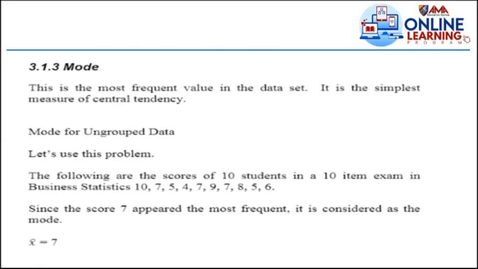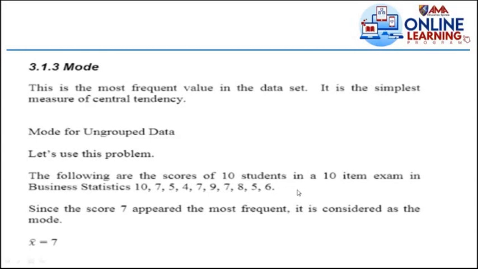So the mode for ungrouped data. Let's use this problem. The following are the scores of 10 students in a 10-item exam in business statistics. We have 10, 7, 5, 4, 7, 9, 7, 8, 5, 6. If we get the mean, no problem, we add everything, then divide by 1, 2, 3, 4, 5, 6, 7, 8, 9, 10.